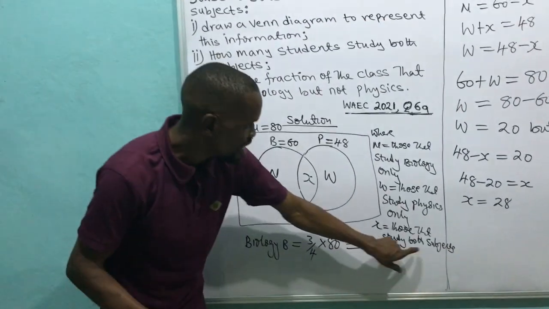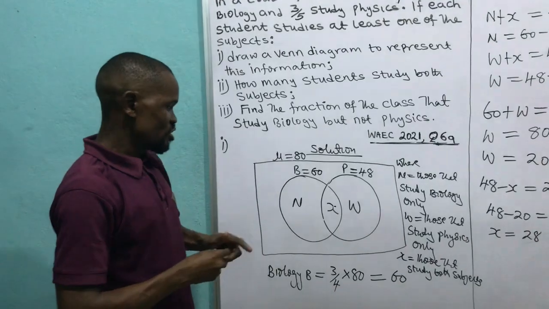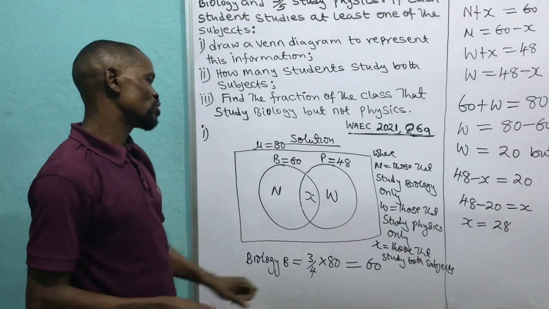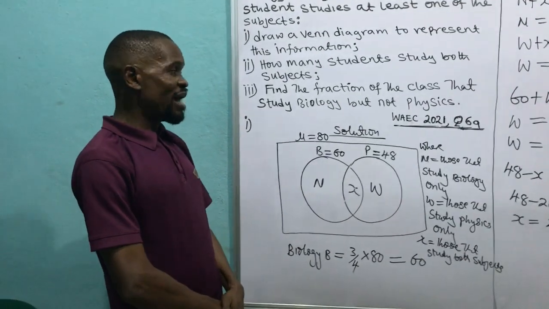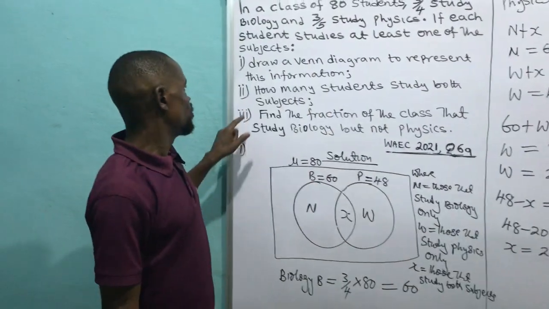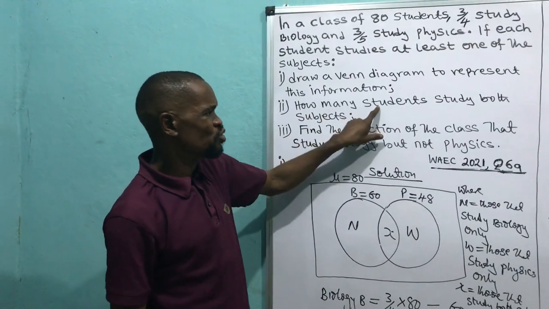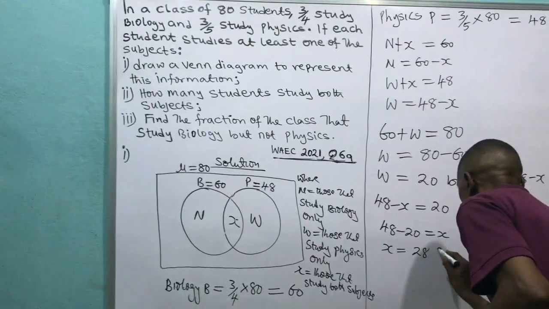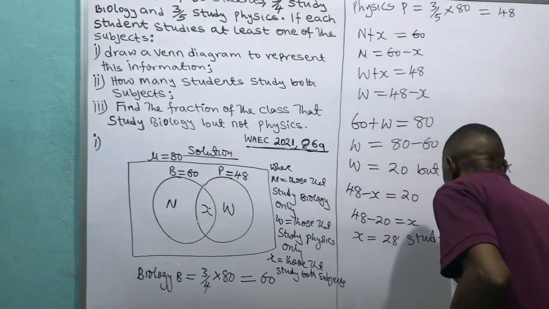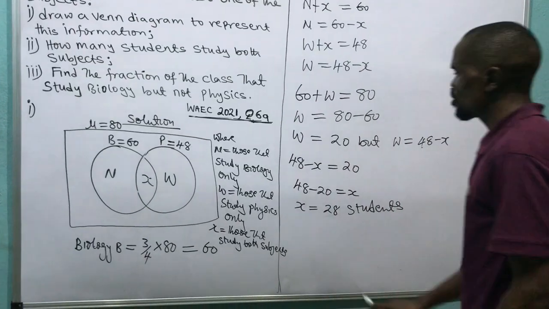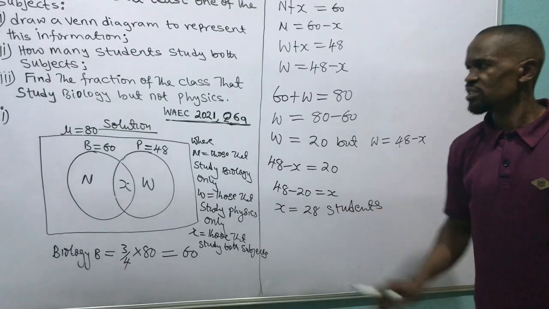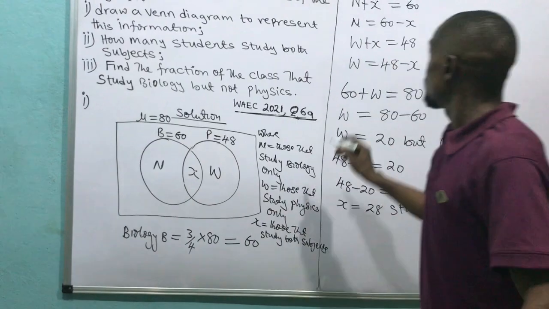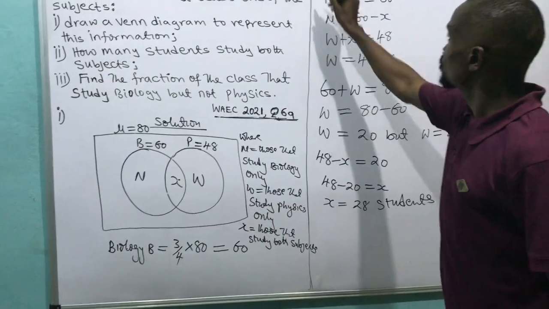From that, I have gotten my X, which they asked me: how many students study both subjects. I said it's 28 students. 28 students study both subjects.